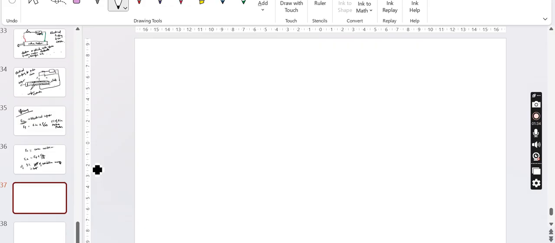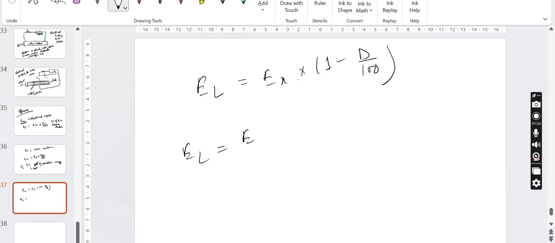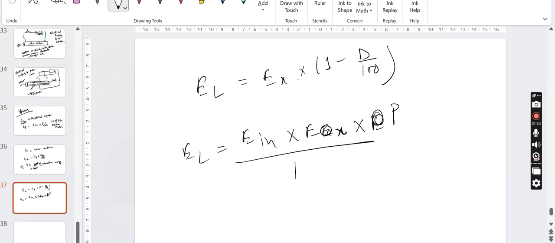So for the lasing action, we have EX into 1 minus d by 100. So basically EL is E in into EX into P by 100 into 100 into 1 minus d by 100.